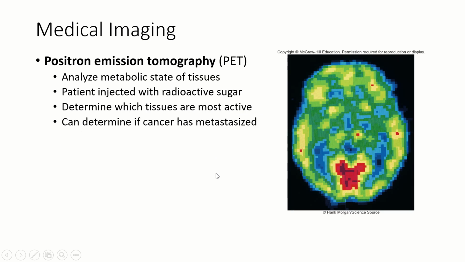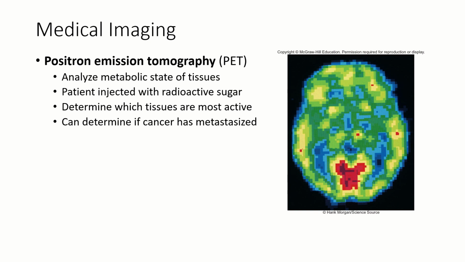And then finally, the last kind of medical imaging that I want you to know about is one that I hope you never need to have, because we only use it when someone already has cancer and we're trying to determine if that cancer has spread, which is what we call metastasizing or metastatic cancer.